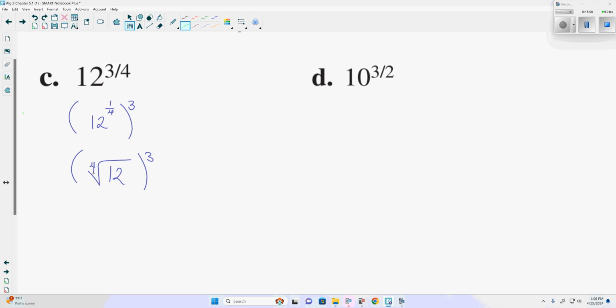Now we did have this at the start: the nth root of a to the x is equal to a to the x over n. So it is true that we could say that this is the fourth root of 12 to the third. These are the same thing. The 3 being inside or outside the radical will give us the same answer with our real roots.